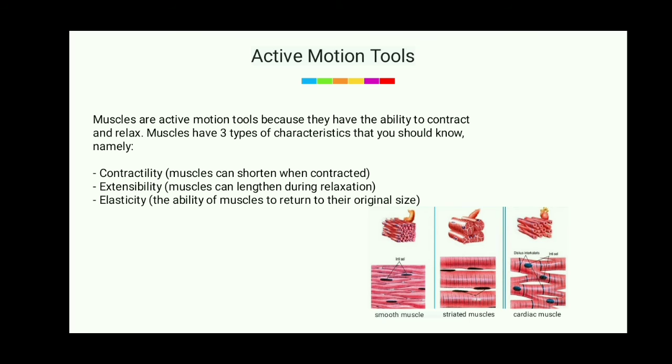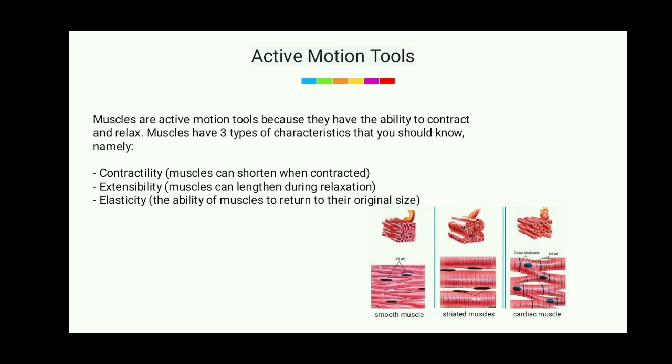And number 3, elasticity: the ability of muscles to return to their original size. These properties make the muscle function as an active means of motion which will later work together with passive locomotion.